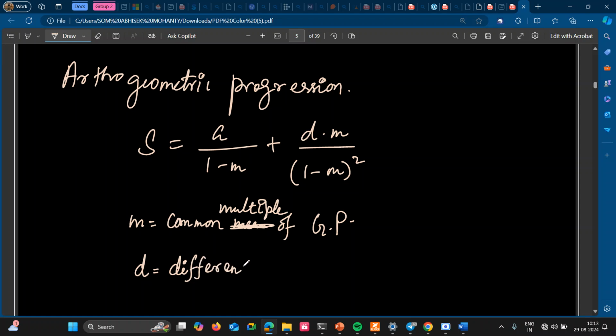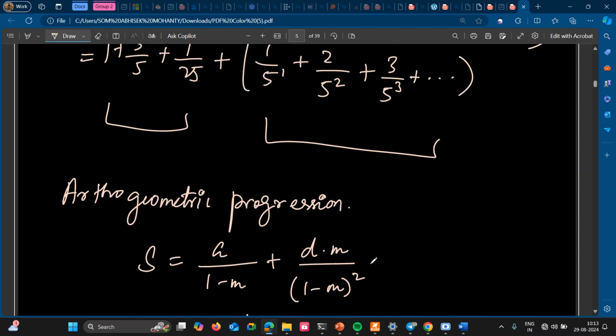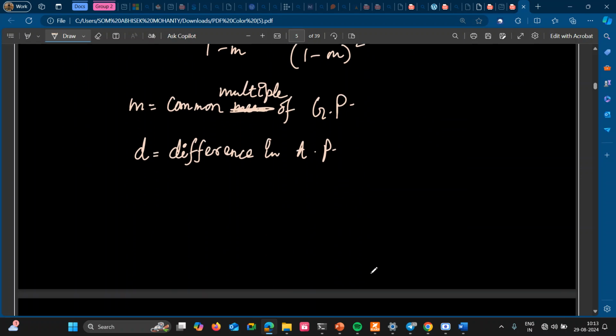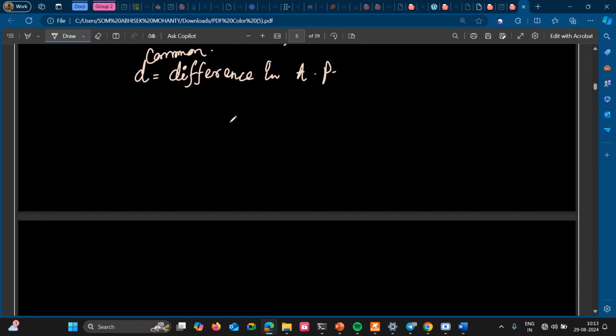It's a mixture of AP and GP, arithmetic progression and geometric progression.